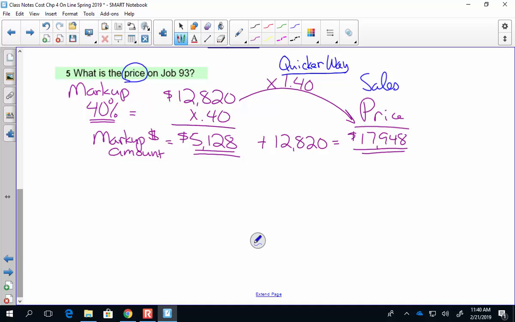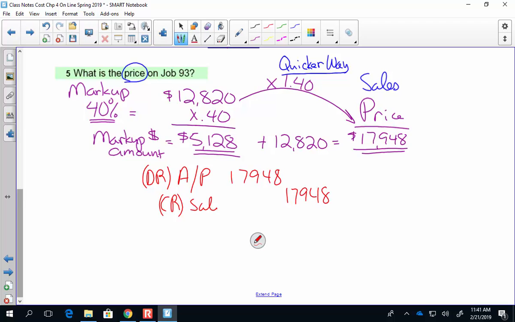If we were to look at the journal entry, I don't have that here. For the sales price, we would be what? Debiting the accounts receivable for 17,948. I would be crediting some revenue or sales account, obviously, for the same amount.